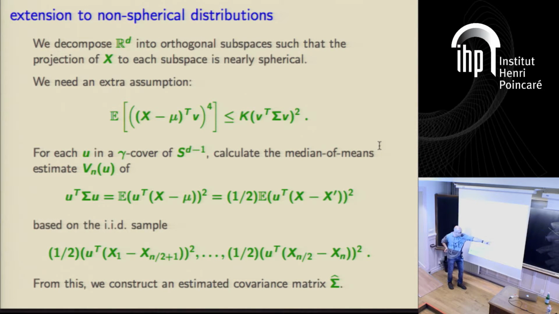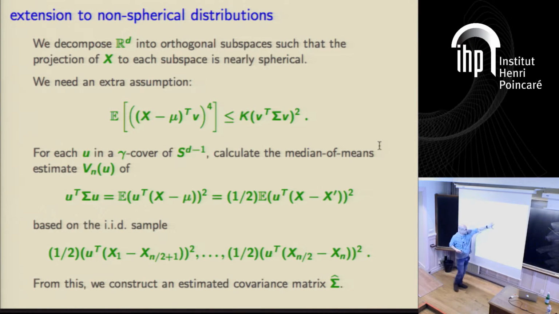So that's what we use here. And for this, we can get samples by splitting the sample into two. Okay? So we have these independent, identically distributed data that have expected value, which is this quadratic form, the variance in the direction. And now in each of these directions, we construct the median of means estimator.